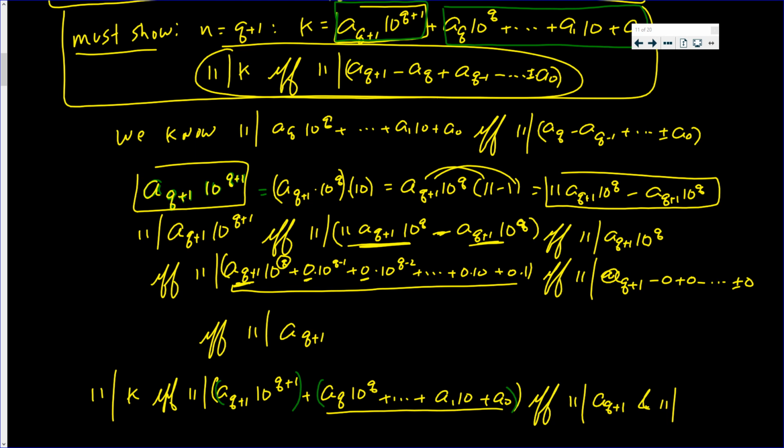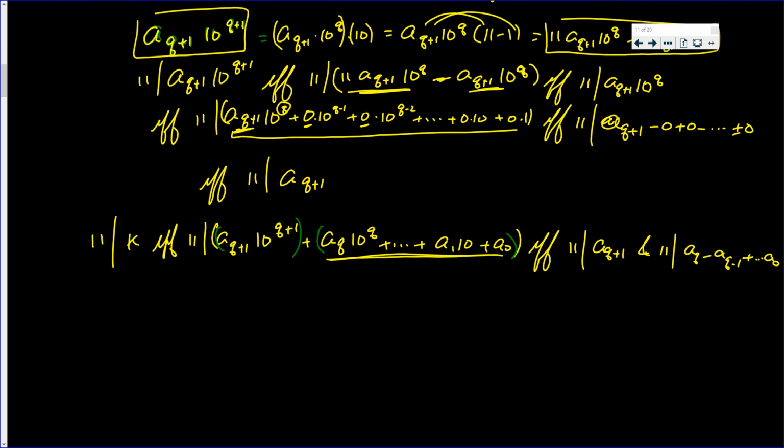And 11 divides this if and only if 11 divides aq minus a(q minus 1) plus dot dot dot up to a0.